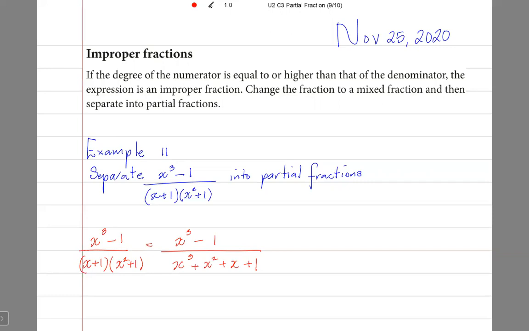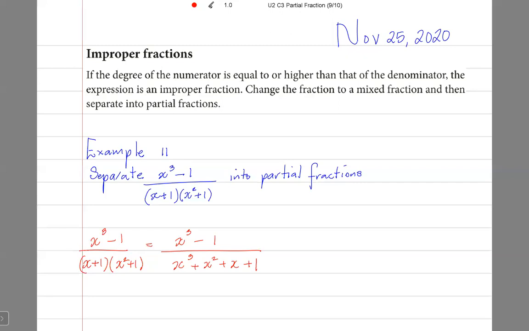Now if you look carefully, you'll see that the highest power of x in the numerator is 3, and the highest power of x in the denominator is also 3. In a situation like this, what we said is that this is an improper fraction. If the highest power of x in the numerator is equal to or greater than the highest power of x in the denominator, the fraction is an improper fraction.